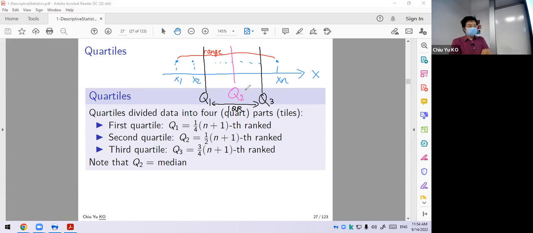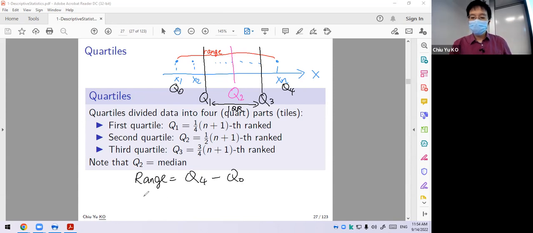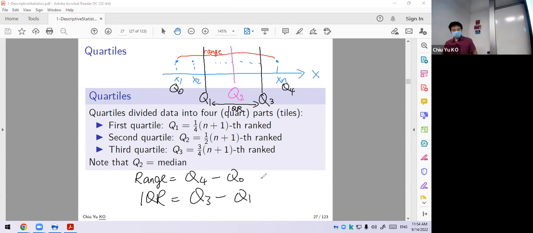Sometimes they call the maximum Q4 and the minimum Q0. If you use this terminology, then the range will be Q4 minus Q0, the IQR will be just Q3 minus Q1, and the median is Q2.